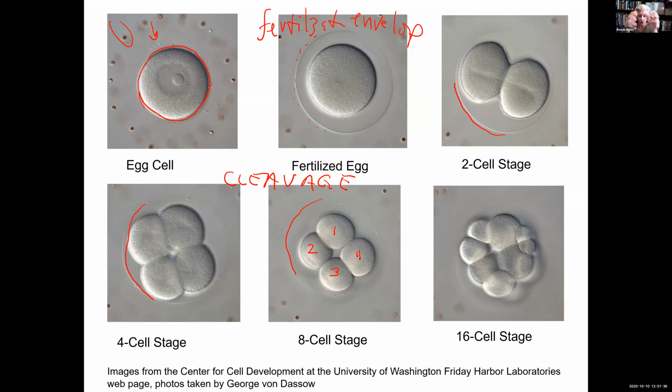If this embryo were turned on its side, we would be able to see them, but we're looking at it from the top. Once it gets to the 16 cell stage and beyond, it's harder to count the cells. It looks more like a ball of cells rather than specific individual ones arranged in this geometric pattern.